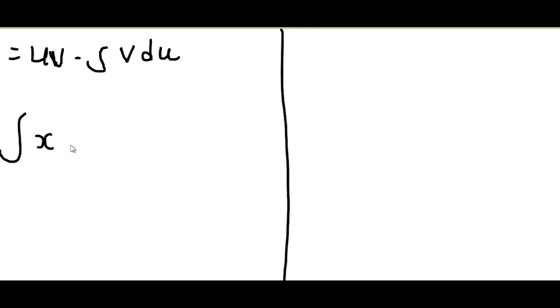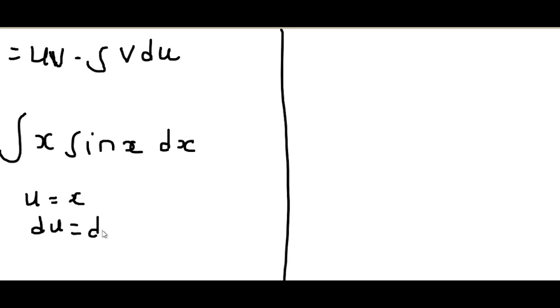So you've been told to integrate x sine x dx using integration by parts. Our u here will be equal to x, our du will be equal to dx, and our dv will be sine x. The value of v is when we integrate dv itself, and when we integrate dv we get negative cos x.